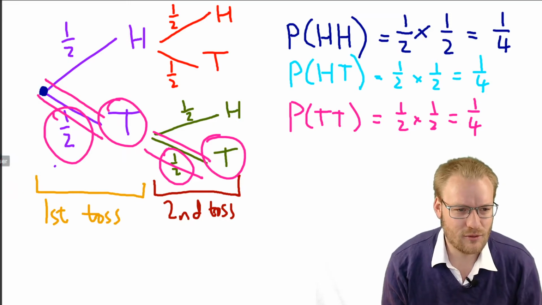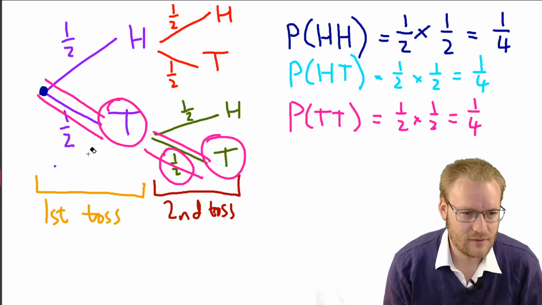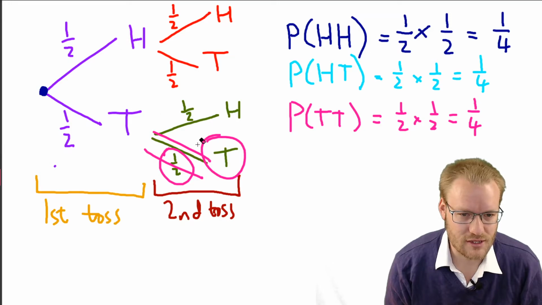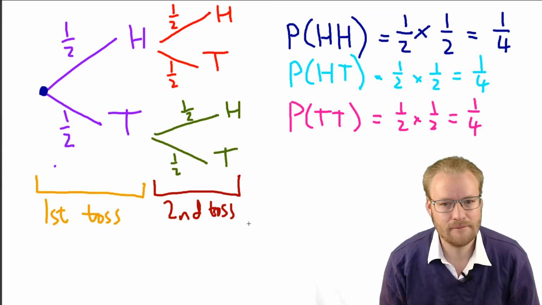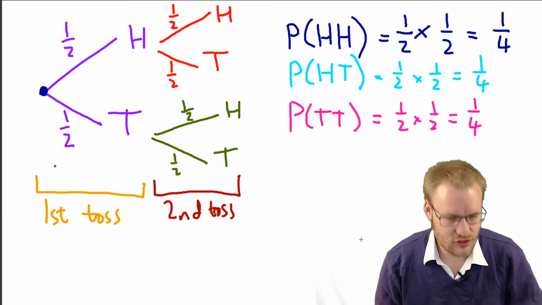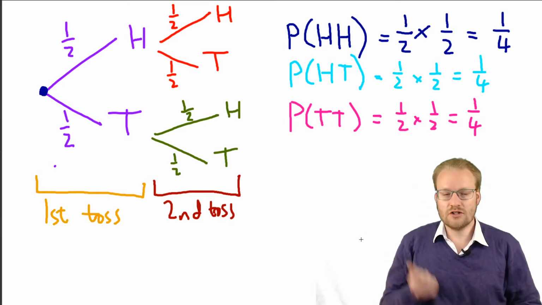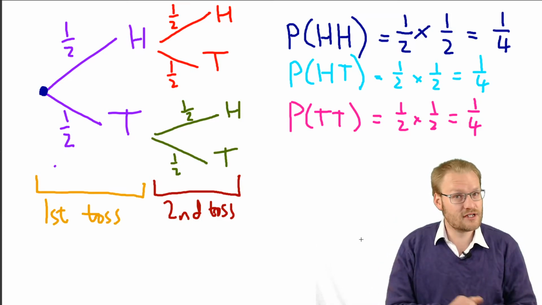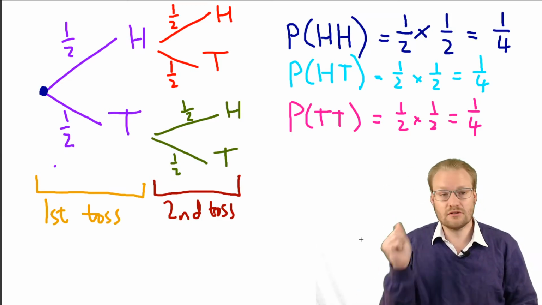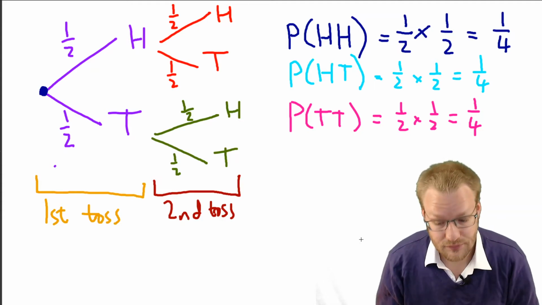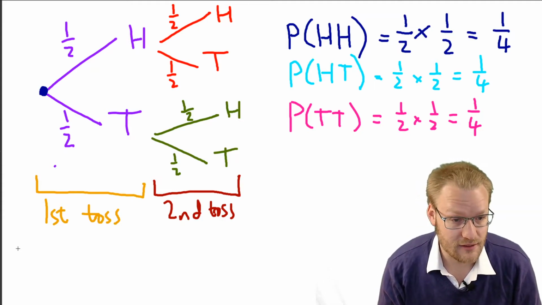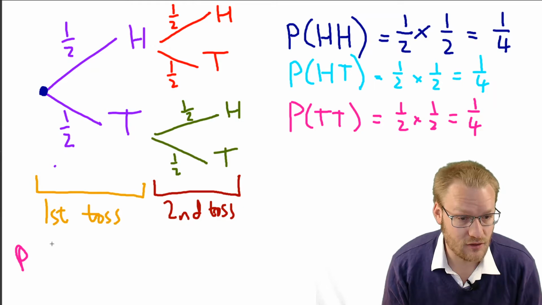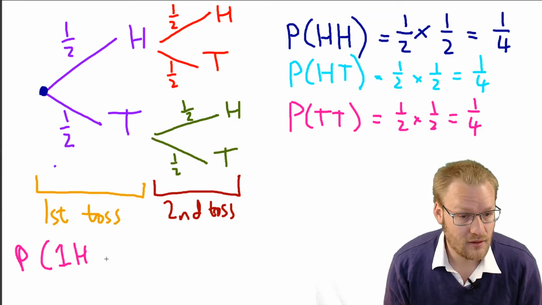Now let's add in one more probability that could be a bit more interesting. What's the probability that when I toss this coin twice, toss it, take note of what I got the first time, toss it, take note of what I got the second time, what's the probability of getting one head and one tail?